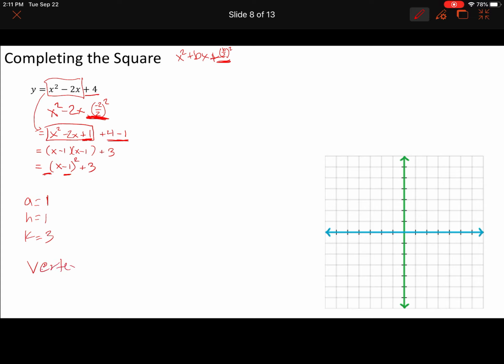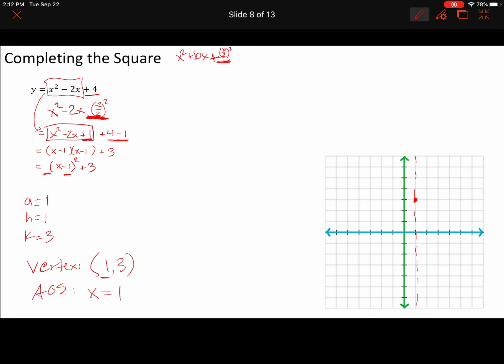So I know my vertex comes from H and K. So 1, 3. Let's put it on the graph over here, 1, 3. And then my axis of symmetry is going to be x equals that very same x value that I used for the vertex, x equals 1. So we can draw that on there.